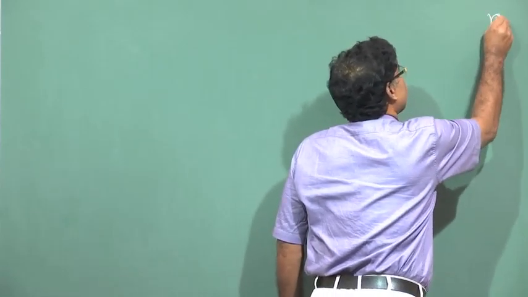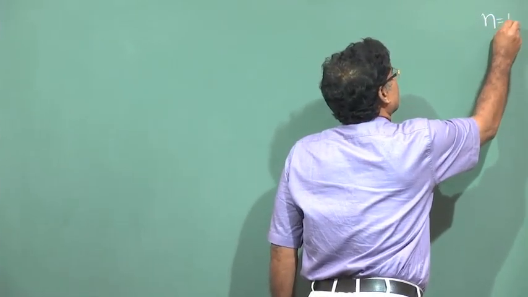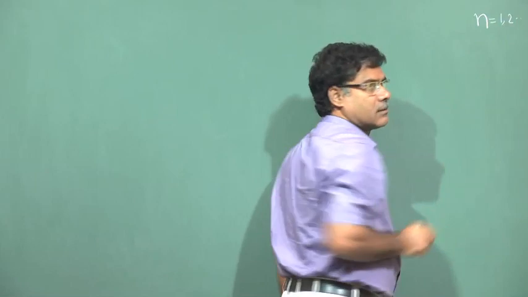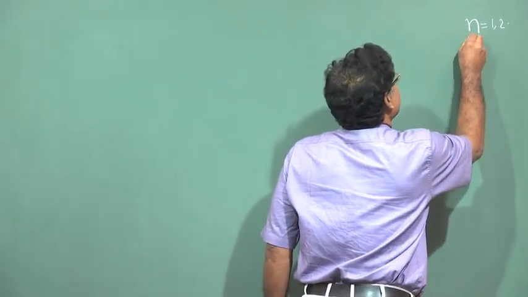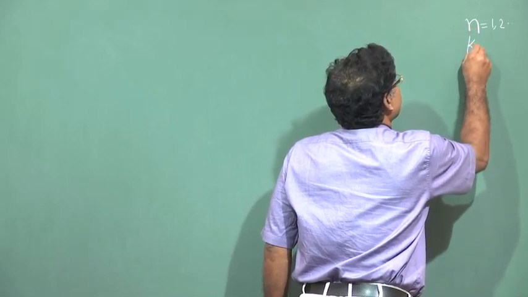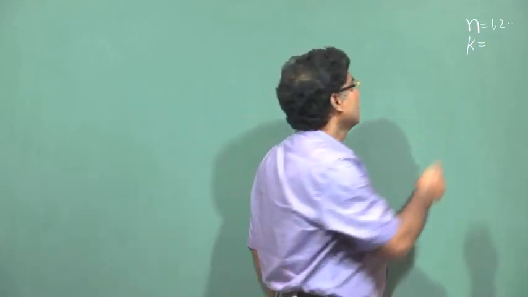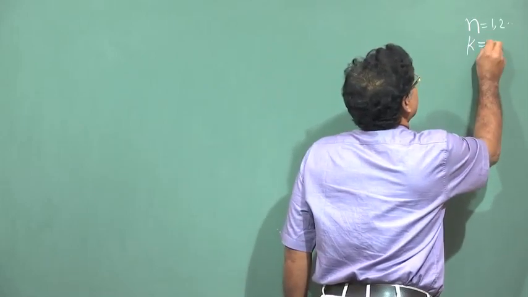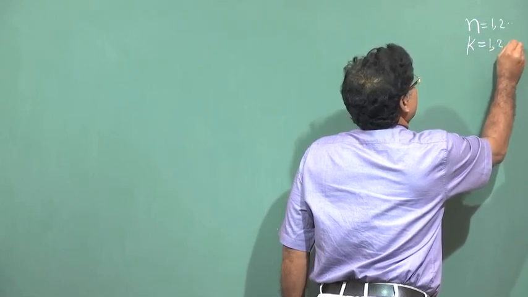So, this is basically the principal quantum number n. It can take values 1, 2, 3, etc. And then we have the azimuthal quantum number k that can take values 1, 2 up to n.